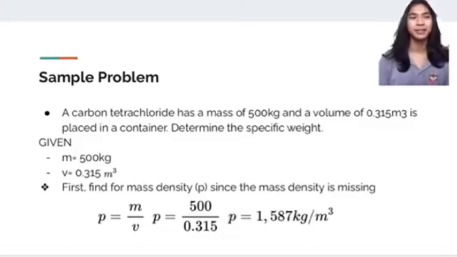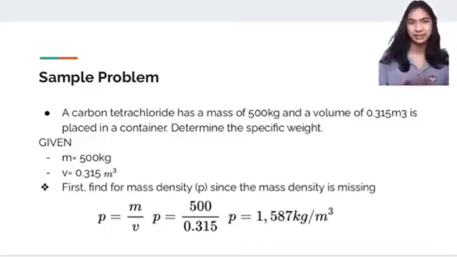We have another sample problem here. A carbon tetrachloride has a mass of 500 kg and a volume of 0.315 cubic meter and is placed in a container. Determine the specific weight. First, find the given. M or the mass is 500 kg and the volume is 0.315 cubic meter.